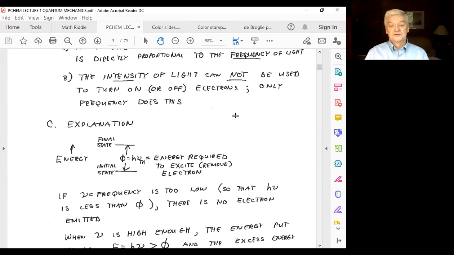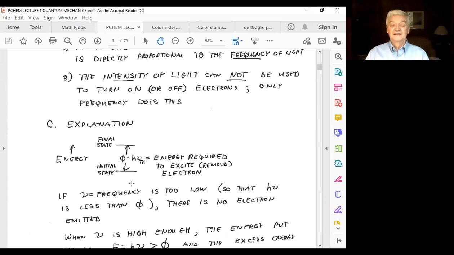Okay, well, here's our picture. Again, think of this as an atom. We have 2 possible energies. I've labeled one as an initial state and another as a final state. I'm not going to get into this now, but this is very similar to an ionization potential. In freshman chemistry, you learn that you can put in a certain amount of energy to ionize a particular element like chlorine or oxygen, and that was the ionization potential.